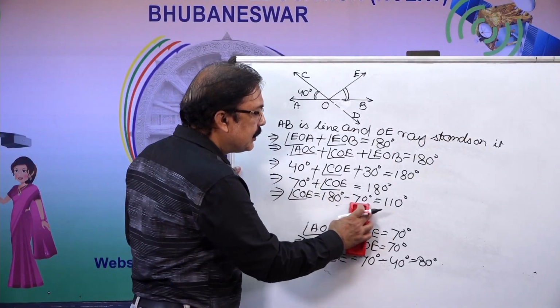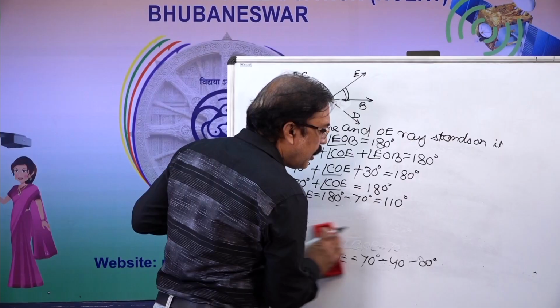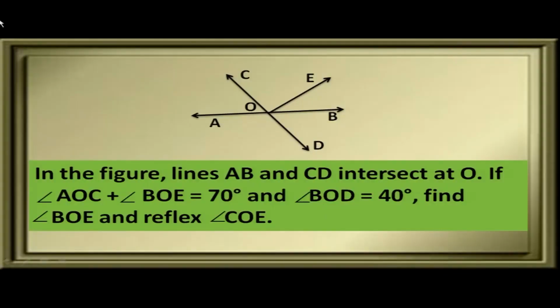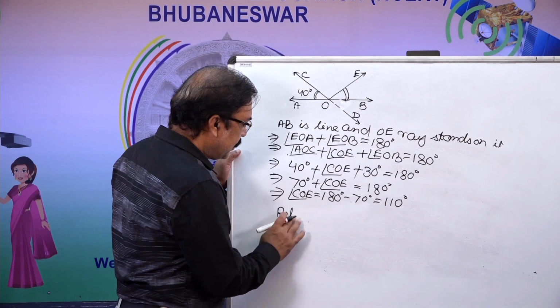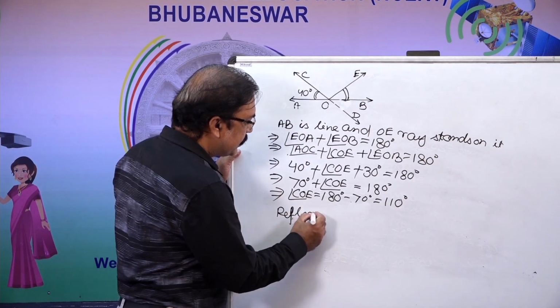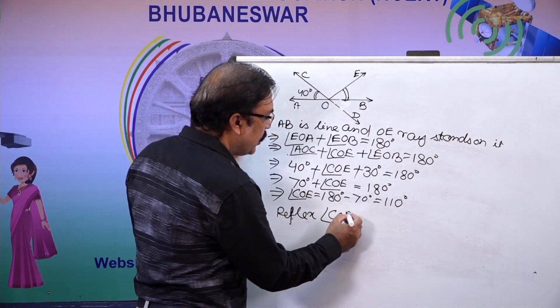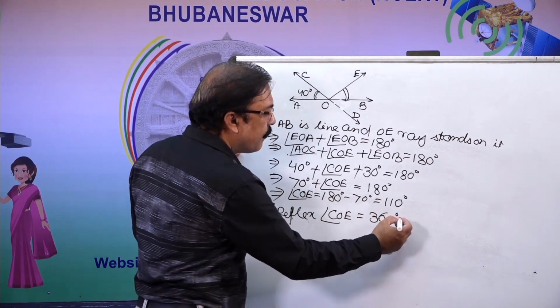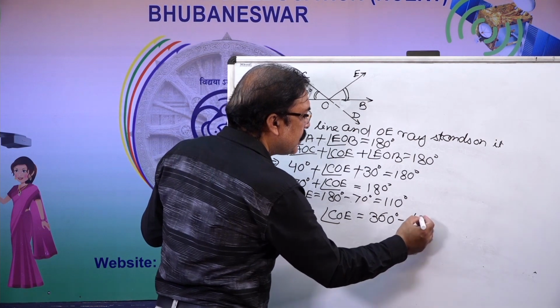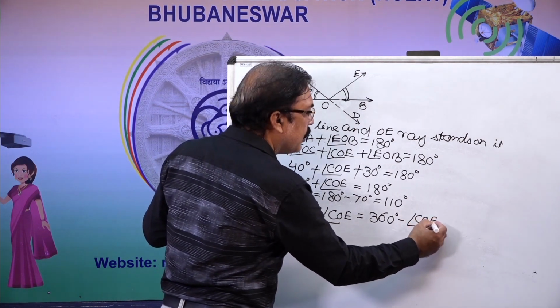What is asked in the second part of the question? It is asked to find the reflex of angle COE. So, reflex COE is equal to 360 degrees minus COE.